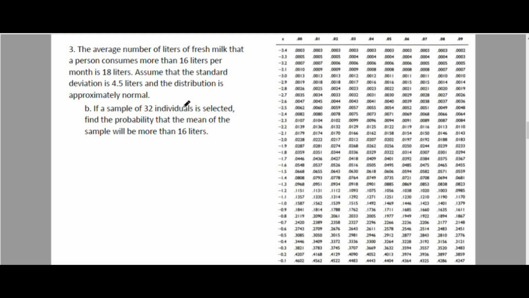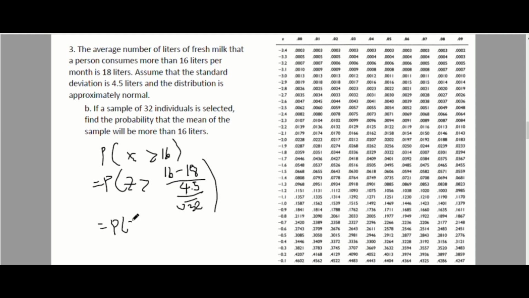For letter B, now it gives us a sample of 32. So n is 32 and we're talking about the probability of the sample mean. So this time we will use the other formula for z, that is for the central limit theorem. So z greater than 16 minus 18 divided by standard deviation 4.5 over square root of 32.